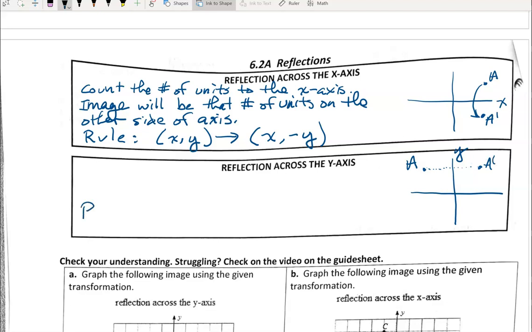And our rule for this, any x, y values in our pre-image, that's the original. Now the x values are going to change to the opposite and the y values are going to stay the same. So this is a little summary. But the key here is no matter what line you're reflecting over, you want to count the number of units to that line and then go that same number of units to the other side.